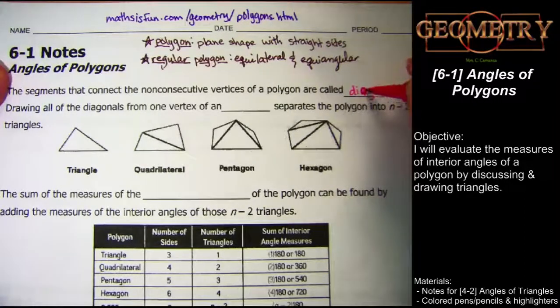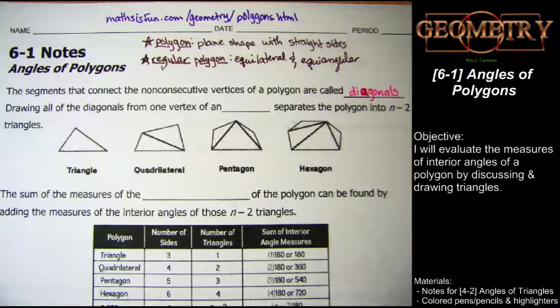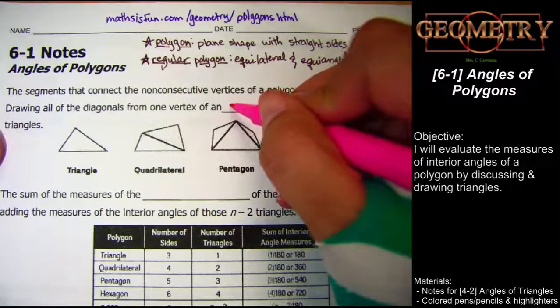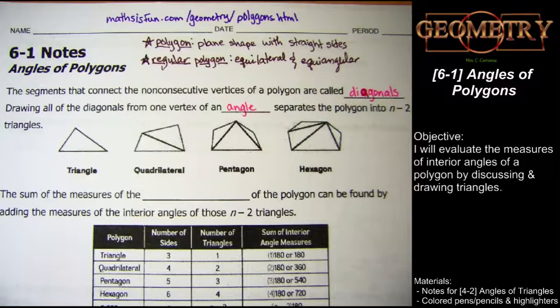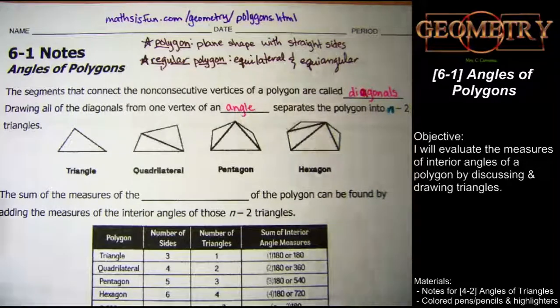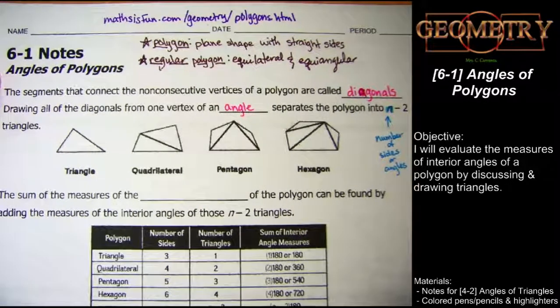And by drawing all of the diagonals from one vertex, it cuts the polygon into n minus 2 triangles, where n is the number of sides or angles in your polygon. It's going to cut it into that many triangles.